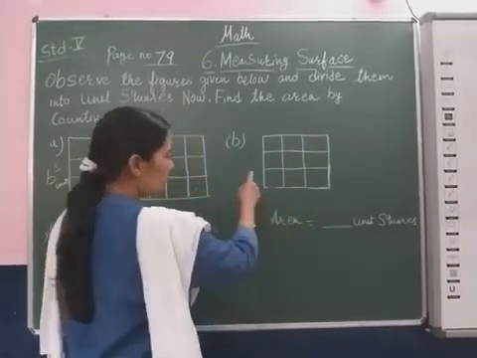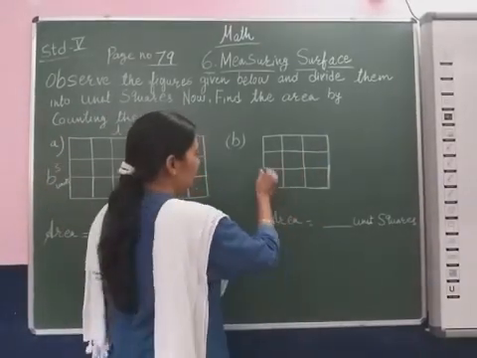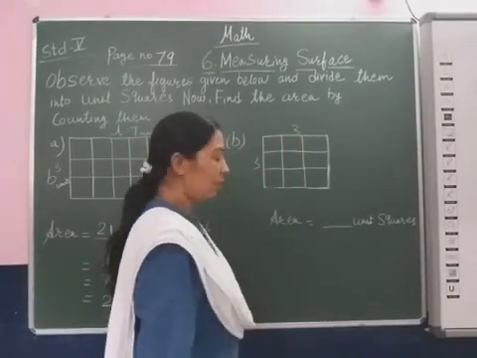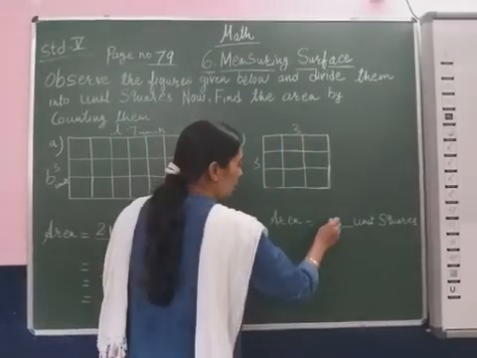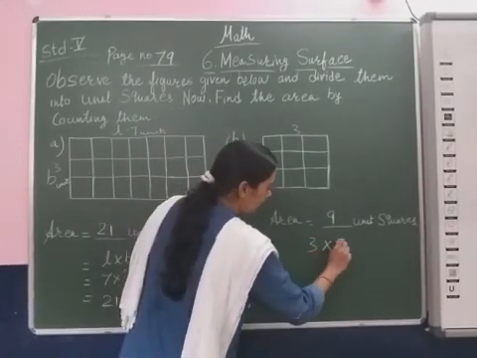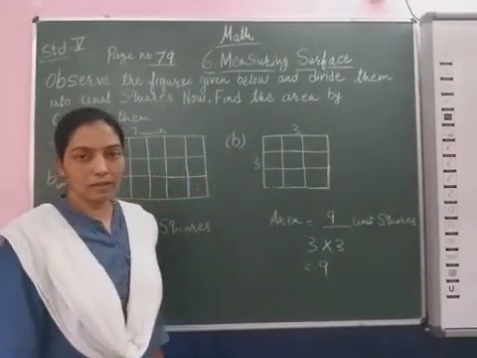Okay, so it is 3 by 3, it's a square. So 3 units here, 3 by 3 we get as 9 unit squares. So 3 into 3, 9 unit squares.